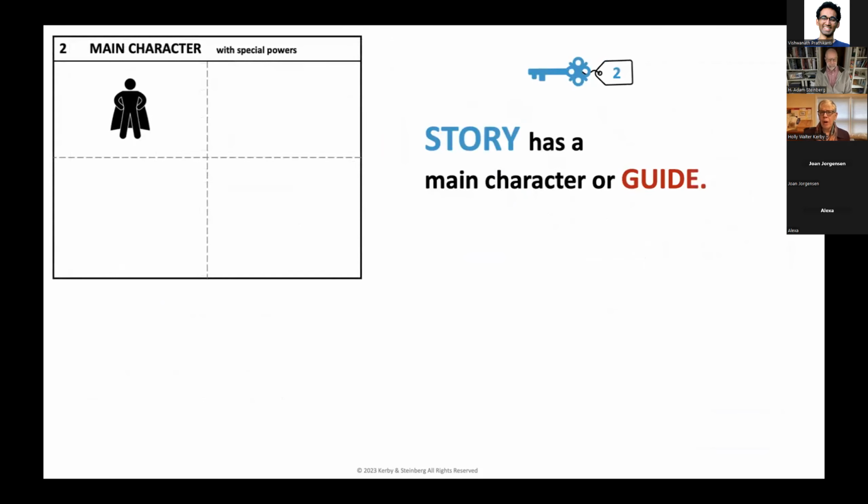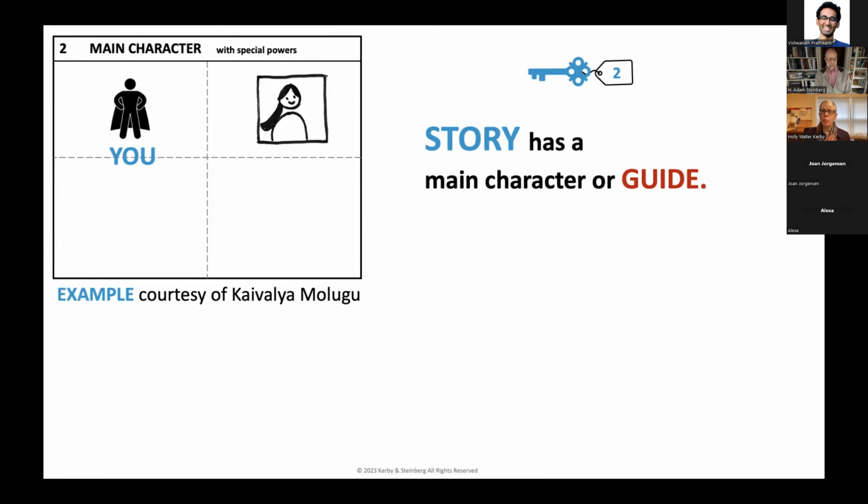The next card we would have people do is the main character card, because a story has a main character or a guide. And if a person is talking about research and they were the researcher, well, then they are the main character. So that was the case for Kavlia. She was the researcher, and so there's an icon she drew for herself. And then you see on that card, it says, with special powers. What does that mean?